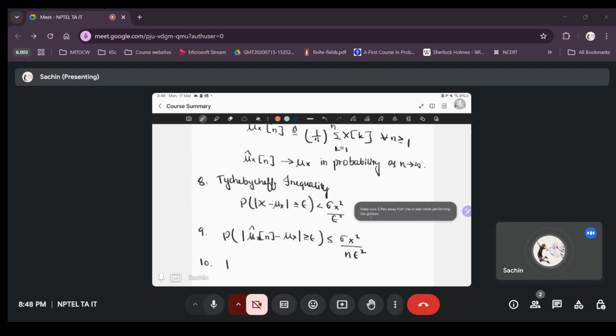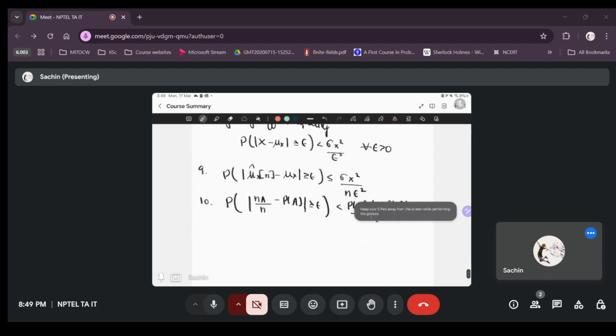From that you can write P of mod of n(A) by n minus P of A greater than or equal to epsilon is less than P of A into 1 minus P of A by n epsilon square, where event A occurs n(A) times in n trials.